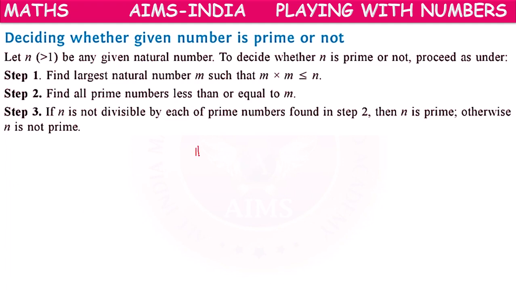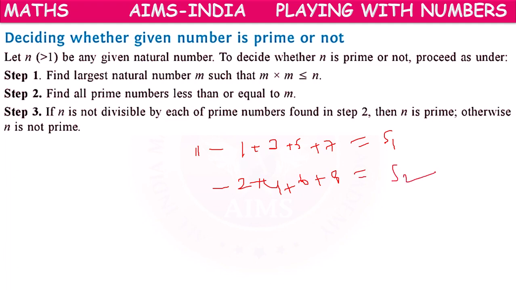So divisibility by 11 means the sum of the odd digits, like 1, 3, 5, 7, suppose this is S1, and the sum of all the even digits, 2, 4, 6, 8, let it be S2.